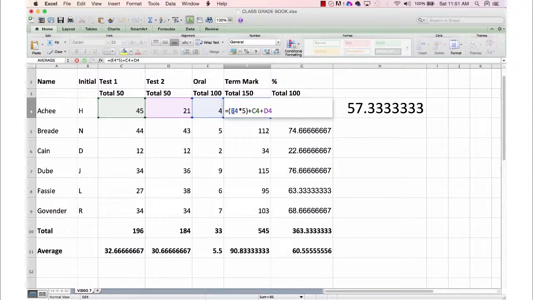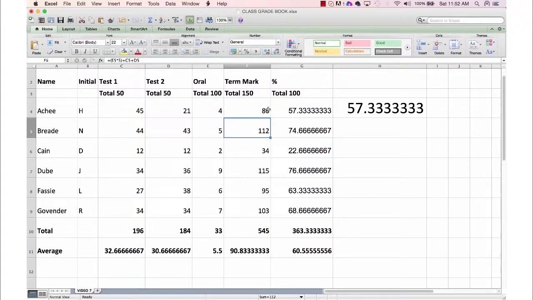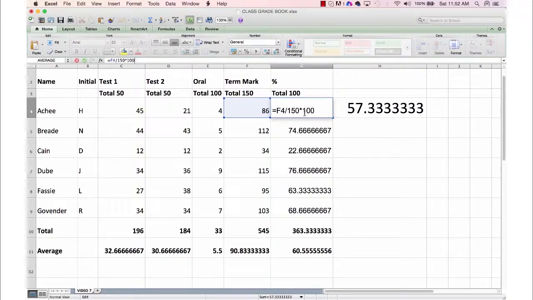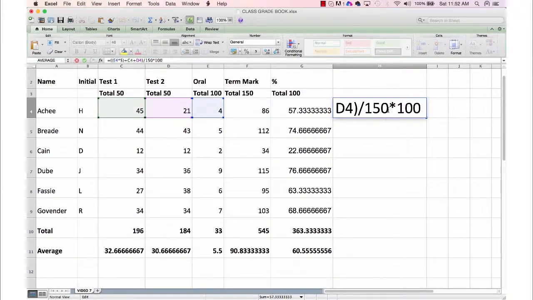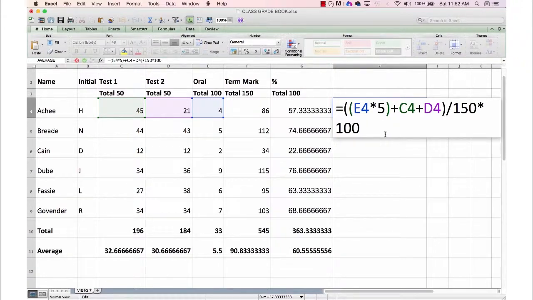We've added one parentheses and then added this part, divided by 150 times 100, to that formula. So if I go over here to H and click here, you will see how it's both of those formulas combined. And that's how we would bypass calculating column F and get column G without having to do that step.